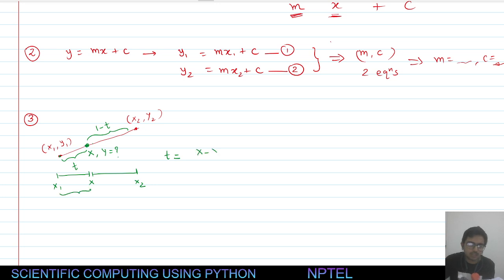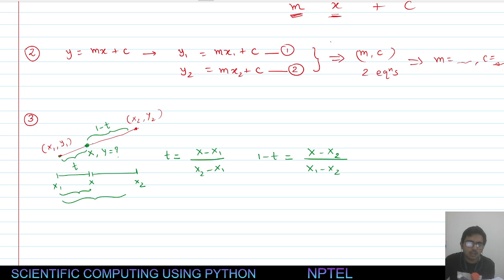So it is x minus x1 divided by total distance, which is x2 minus x1, right? And 1 minus t will be the same thing, but with x1 and x2 interchanged, right? So x minus x2 divided by x1 minus x2, or you can write x2 minus x upon x2 minus x1.